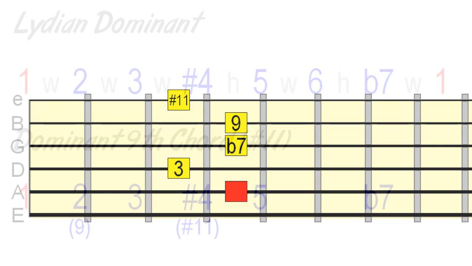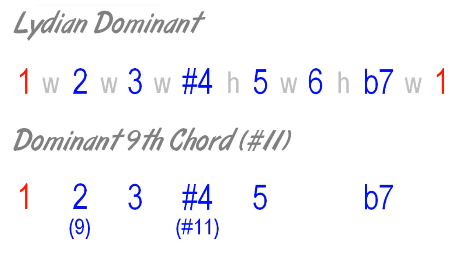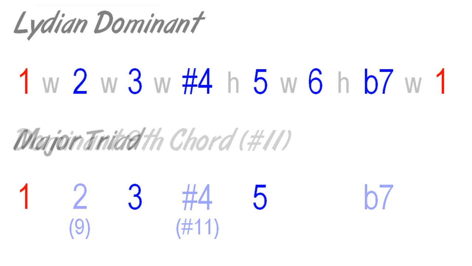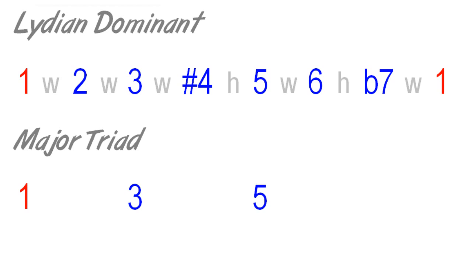Remember, the more extensions are used in the chord, the more it narrows down our scale options. So if the chord contains a minor 7th, 9th and augmented 11th, everything points to Lydian dominant. However, even if the chord only contains the triad, the root, 3rd and 5th, you can still use Lydian dominant and create the extended harmony through your lead playing.